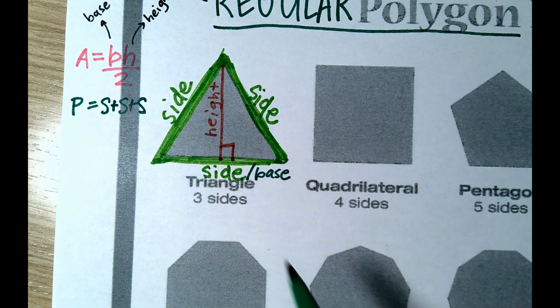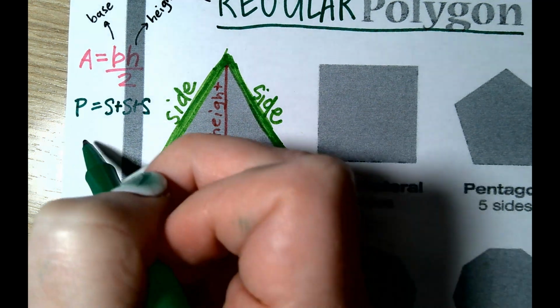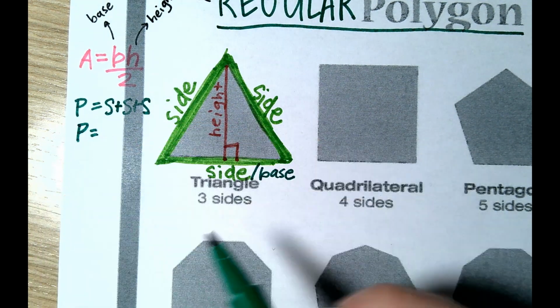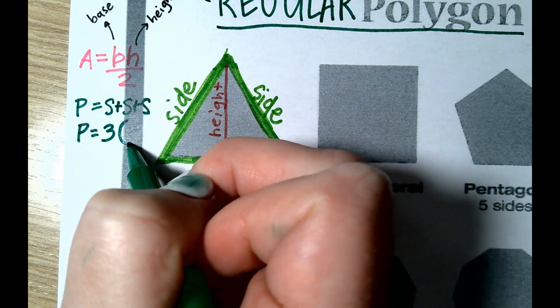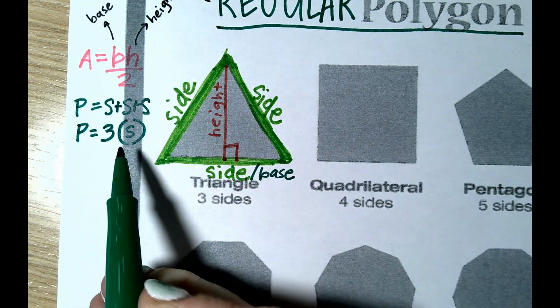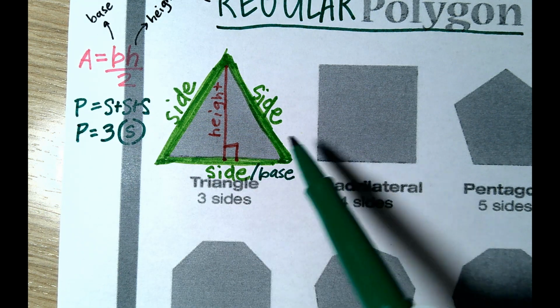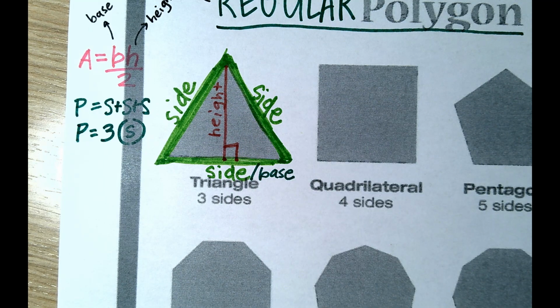Or since they're all the same length, we could do 3 times the side length, because there's 3 sides. Okay. So that's for a triangle.